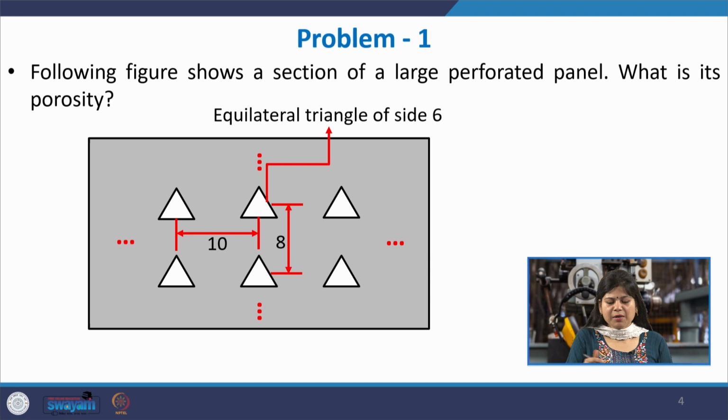Here a perforated panel is given to you. It is a large perforated panel and just a small section of it is given.